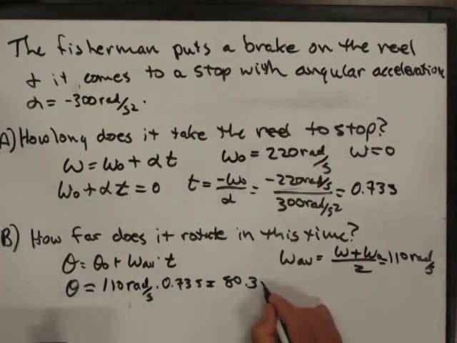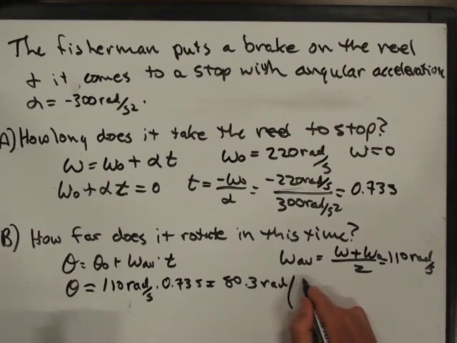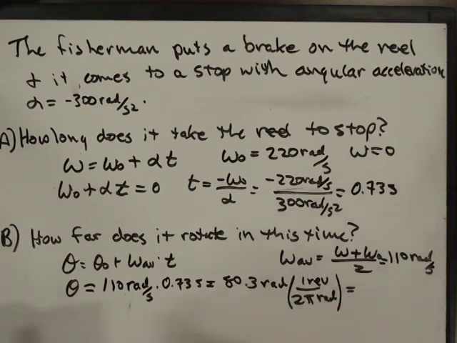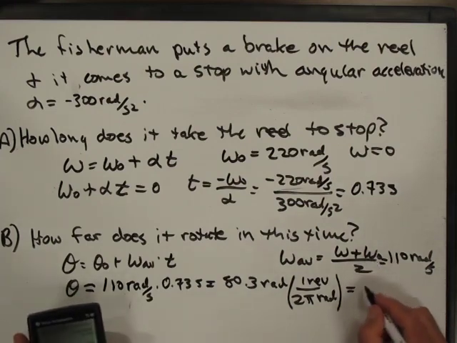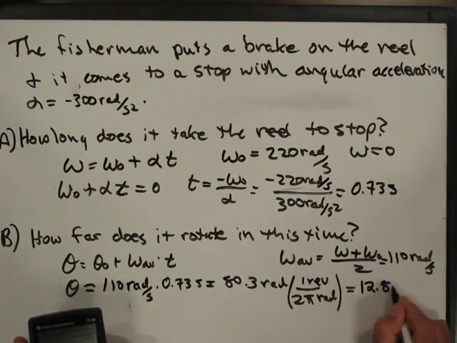That's 80.3 radians. If I want to, I can turn that into revolutions, by 1 revolution over 2 pi radians, which is 12.8 revolutions.